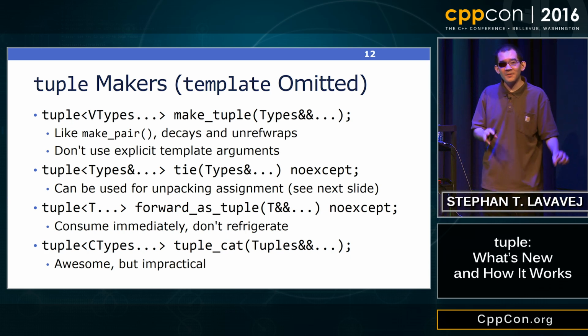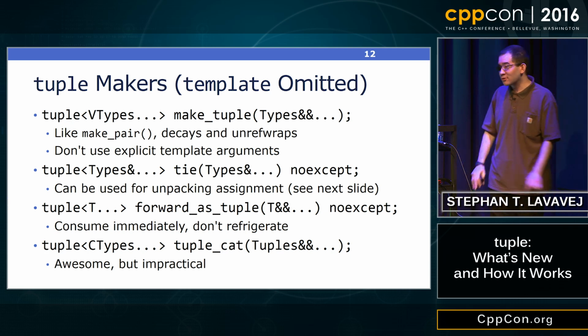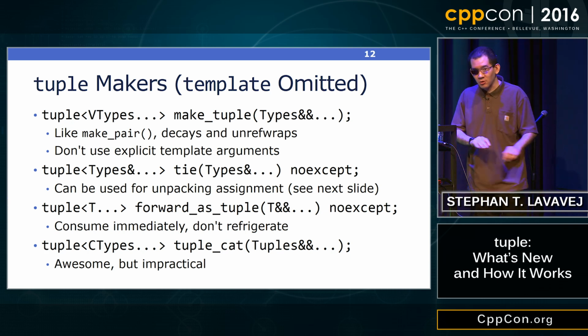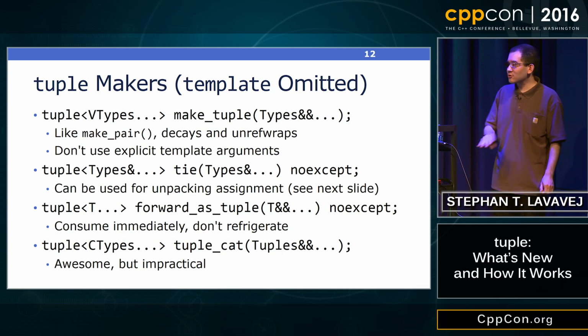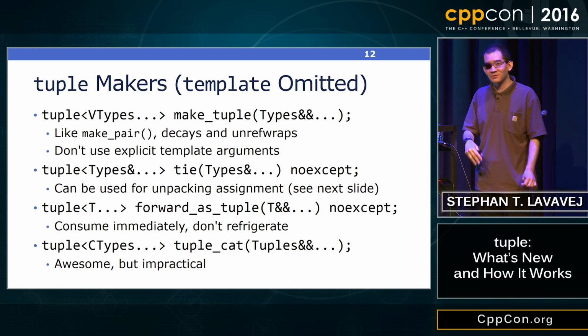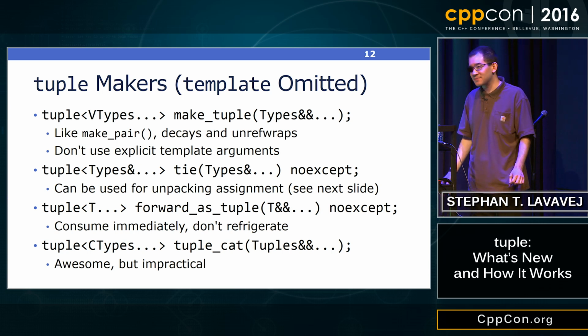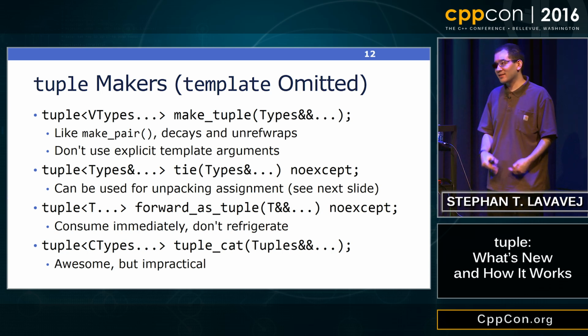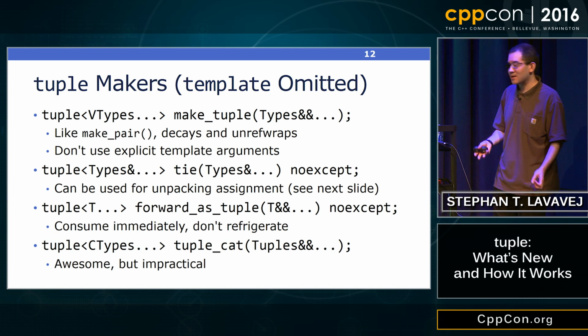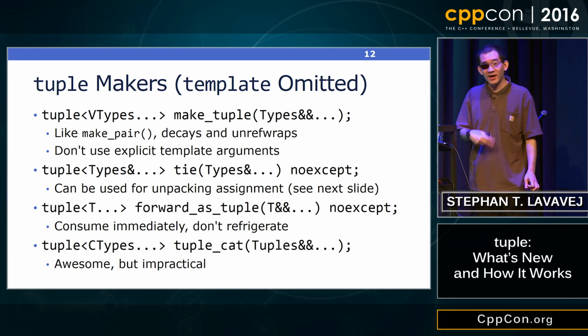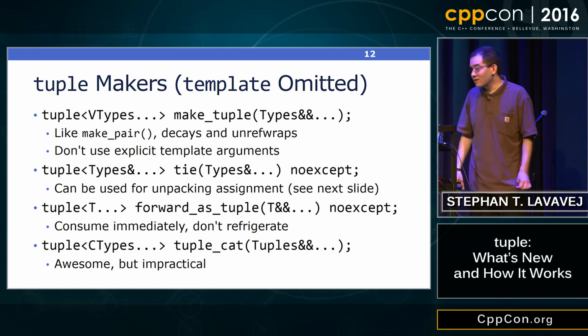By the way, and this is a common mistake I ranted years ago, don't help the compiler. It's still true, don't help the compiler. Never ever pass explicit template arguments to make tuple, because you are defeating the point. Either say tuple and then name the exact types that you want, or say make tuple and let template argument deduction do its thing. But in no case should you ever give explicit template arguments to make tuple.